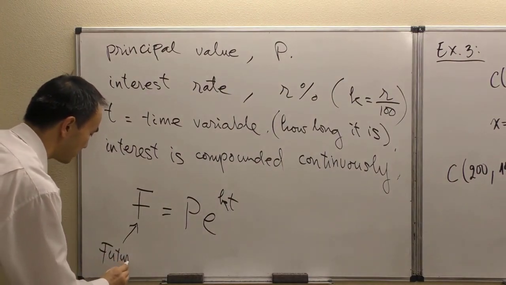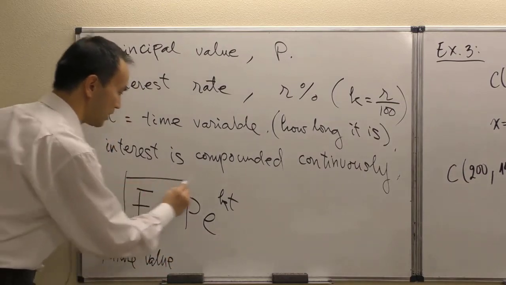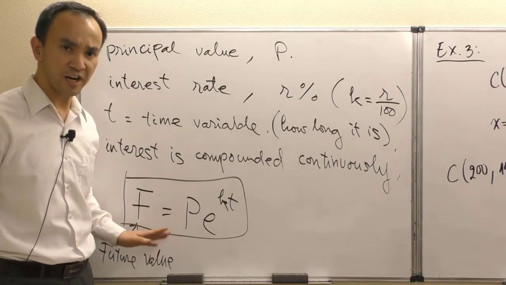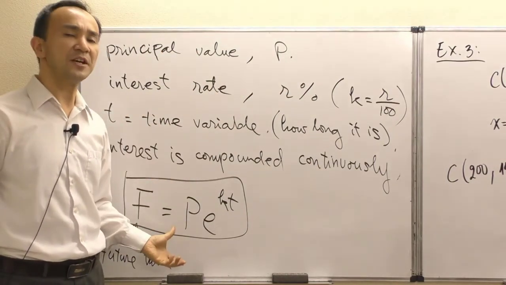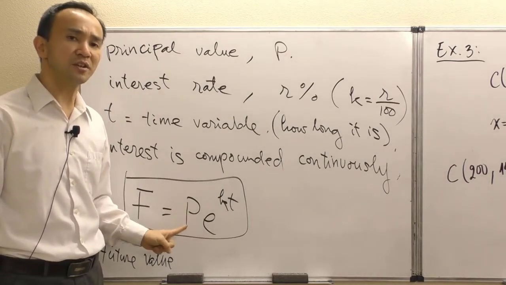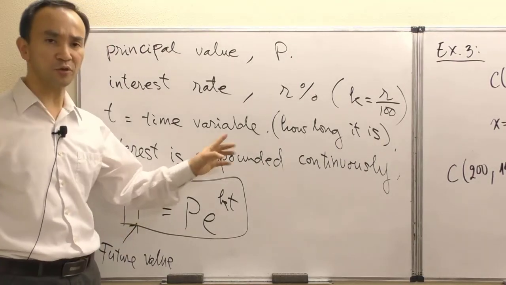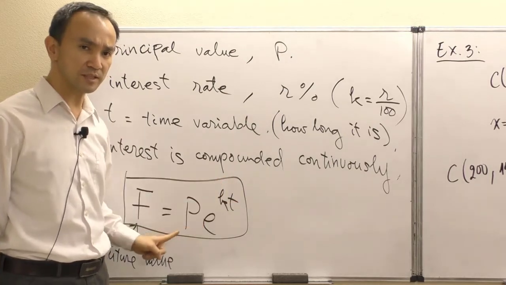Now I'm bringing in a formula that's very familiar to anyone in a business major, or anyone heading for the business field who has had courses that taught this concept of finding the future value of your investments where the interest is compounded continuously.